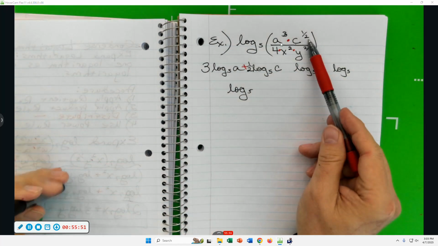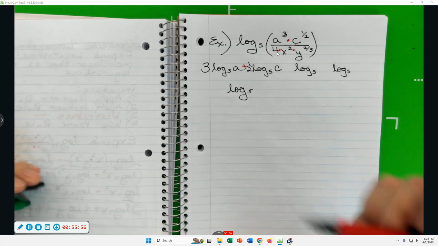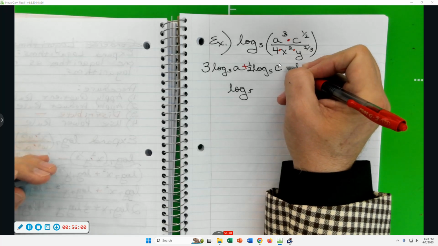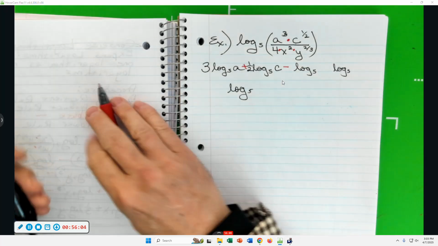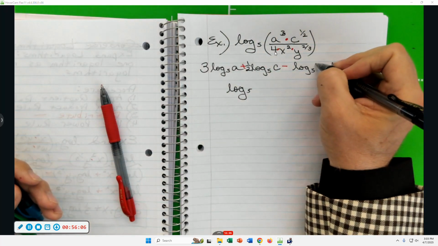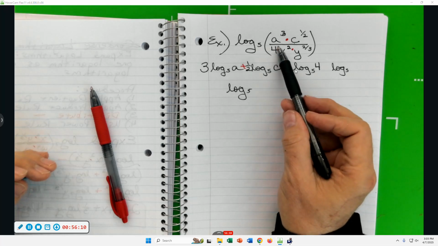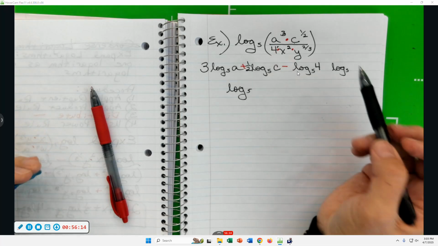We've done everything on top. Now we're moving down to the bottom. That 4 is on the bottom. So what sign will we have? A minus. The argument is 4. Do we have an exponent on that 4? No. It's a 1.